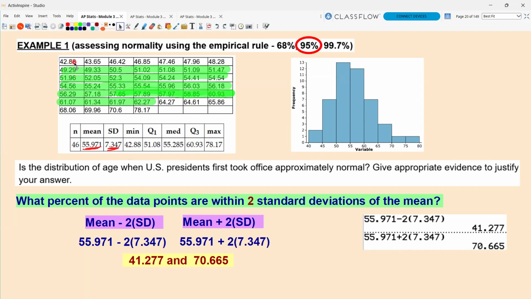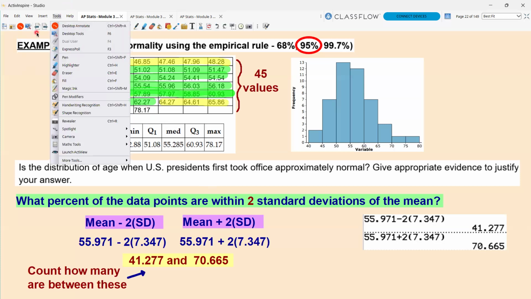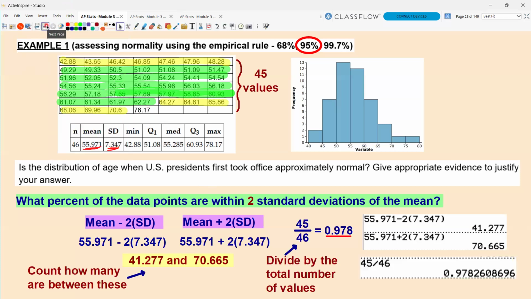So it looks like all of these up here will be between 41.277 and these three, but once I hit 78.17, that's too high. So it looks like we have all but that last one, which is going to give you 45 values. 45 divided by 46 is about 97.8%, not too far off from this 95.